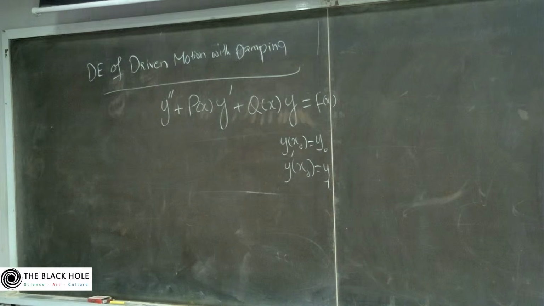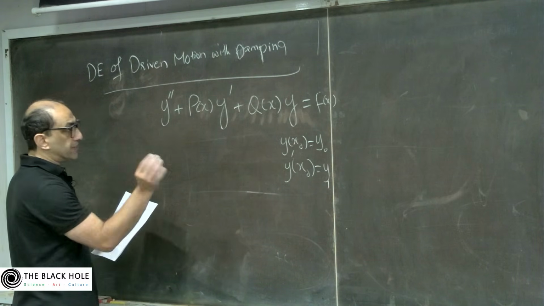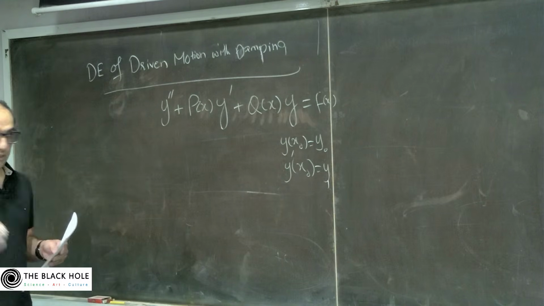This can be expressed as a superposition of two solutions, which we have already proved, as yc plus yp. Over here, we say that we can write this as a superposition of two solutions.